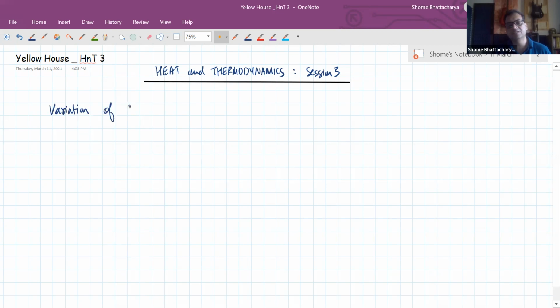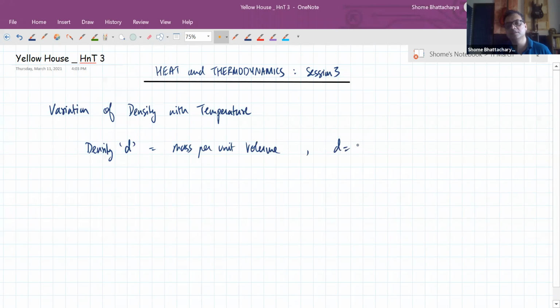So, variation of density of a material with temperature. We know that density, say D, is equal to mass per unit volume.